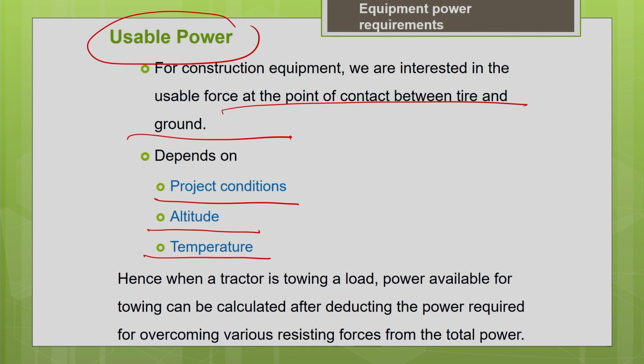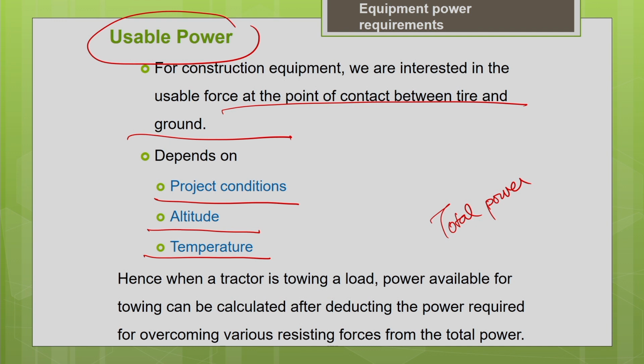Say for example, when you are using a tractor for towing a load, how much power is actually available for towing the load? That we need to calculate. You know the total power available for the tractor. You know from the manufacturer the maximum power possible for that particular tractor. Where the tractor is working in your project site, you know the underfoot conditions.